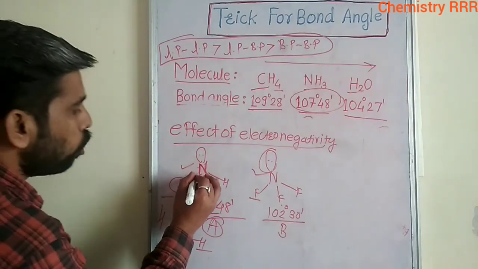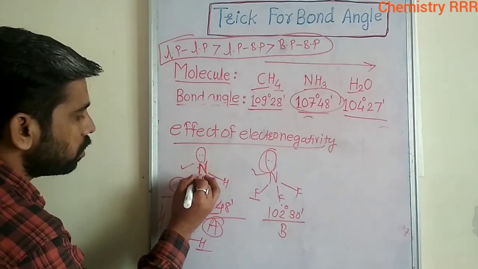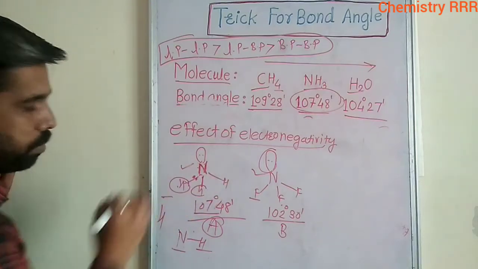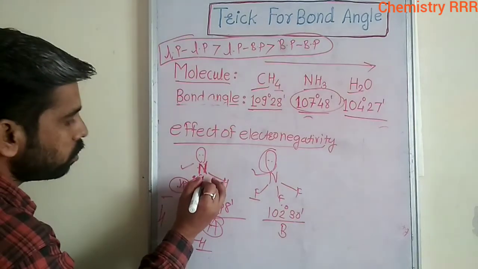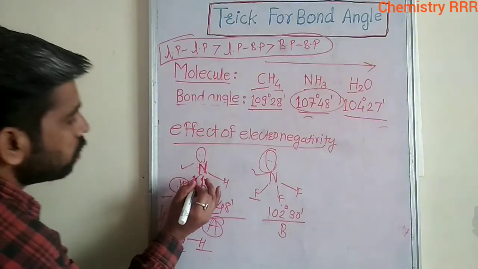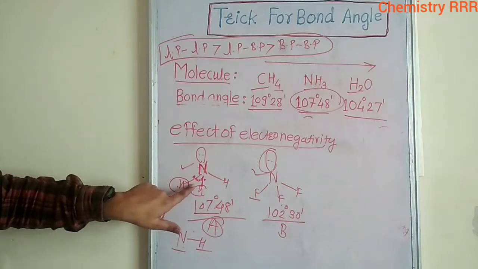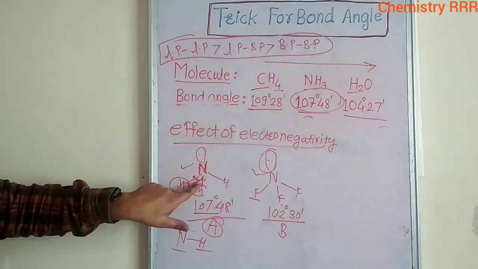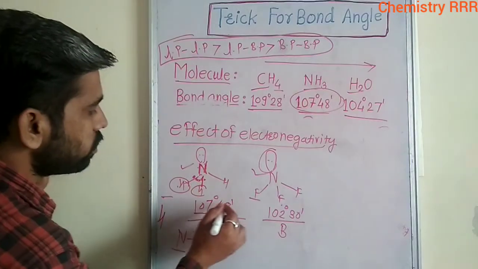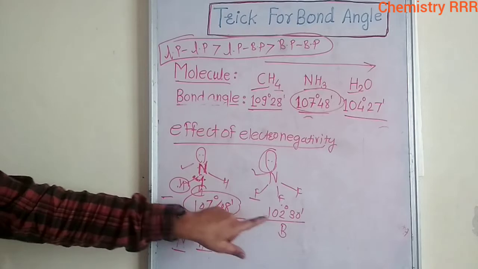So the bond pair present in between the nitrogen and hydrogen is slightly towards the nitrogen. Here also slightly towards the nitrogen, and because of this the electron bond pair repulsion is greater in this case. So this bond angle is 107 degree 48 minute.